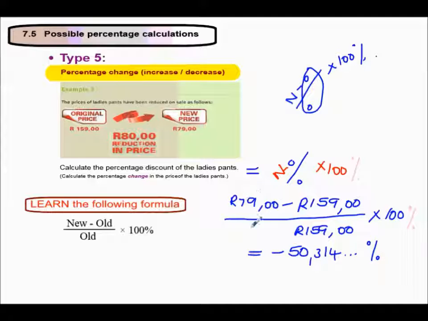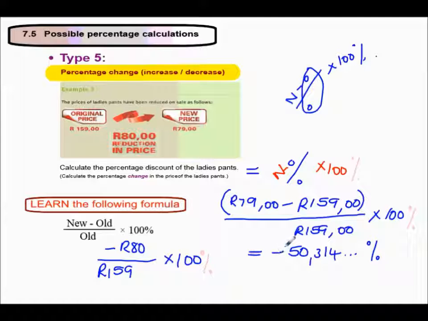If you don't have a scientific calculator, you have to work that out first. So you would have gone 79 minus 159 and you would have got to negative 80 Rand over 159 Rand multiplied by 100%, and you will still get to the same answer.